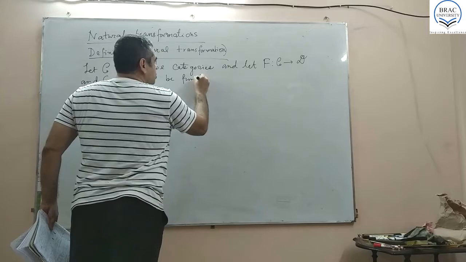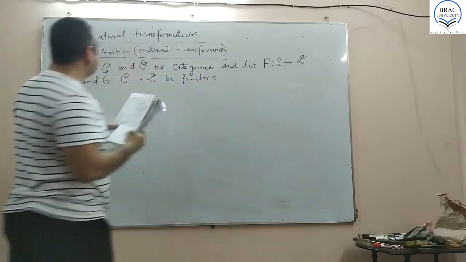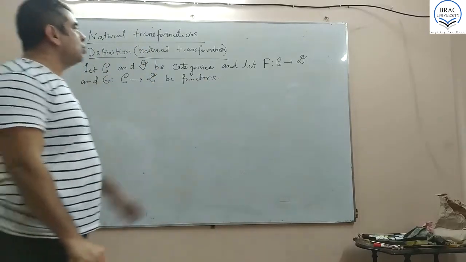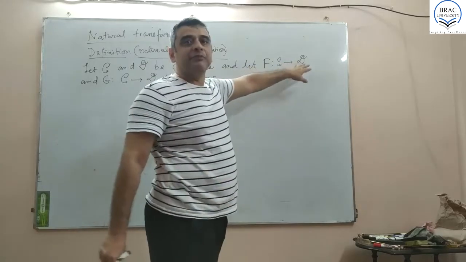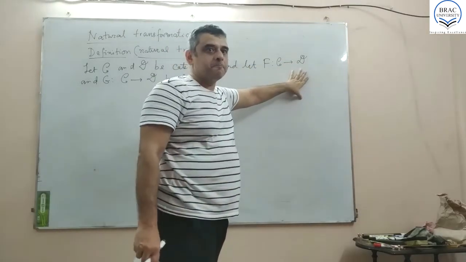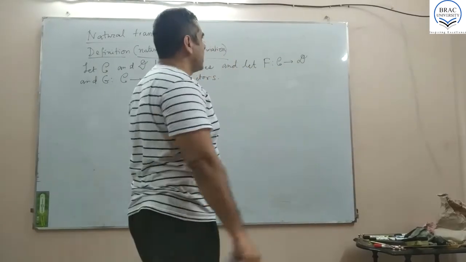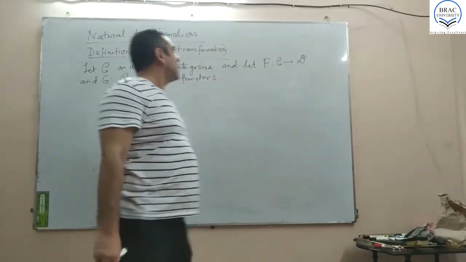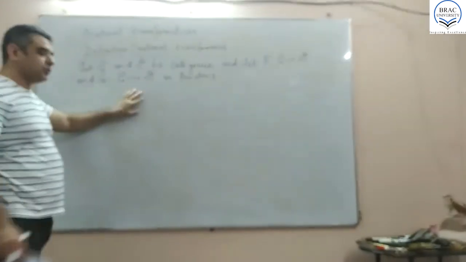Okay? So what do we have? We have two given categories and two functors between the same two categories. F is a functor from C to D, and G is also a functor from C to D.